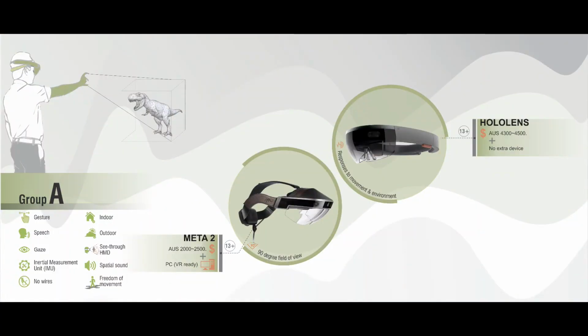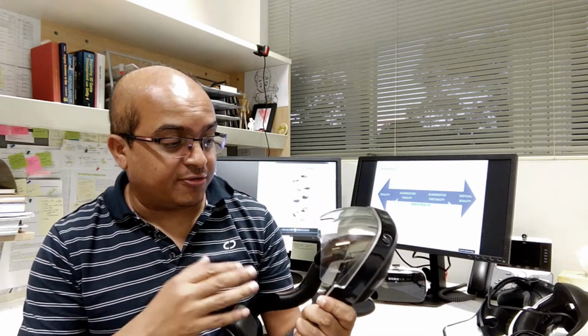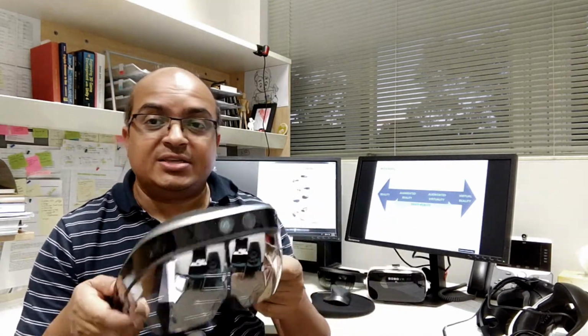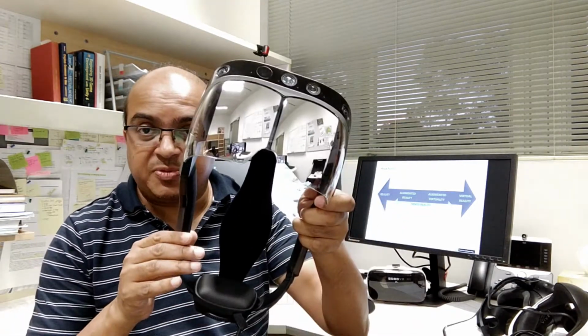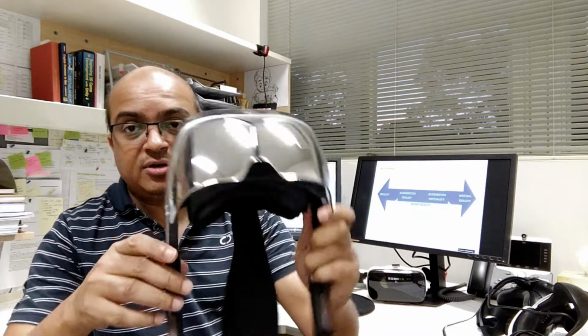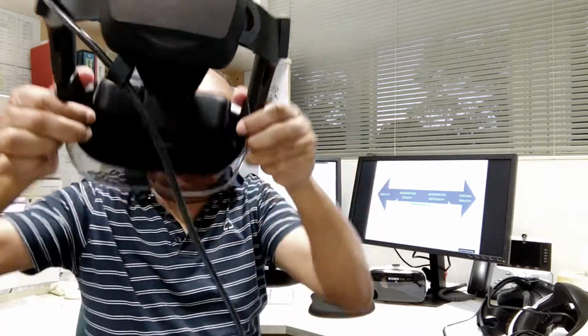The last category is the see-through display, a display that offers a see-through kind of environment. You can see the real world around you because it is transparent in the front like this.